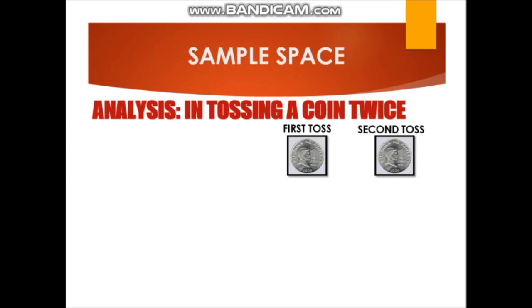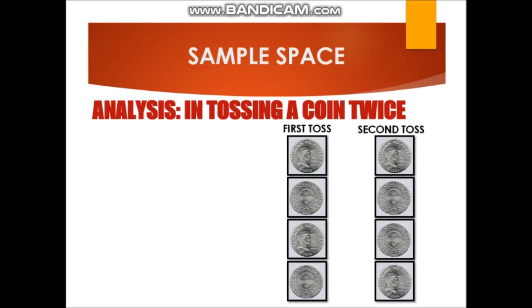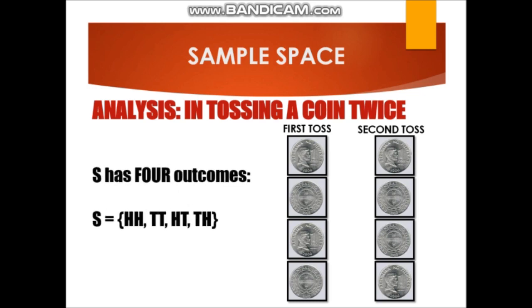But it is also possible that in the first toss, tail appears, and in the second toss, tail appears. There is also a possibility that in the first toss, head appears, and in the second toss, tail appears. And also, tail may appear in the first toss and head in the second toss. So in tossing a coin twice, we have four outcomes, which are head-head, tail-tail, head-tail, and tail-head.